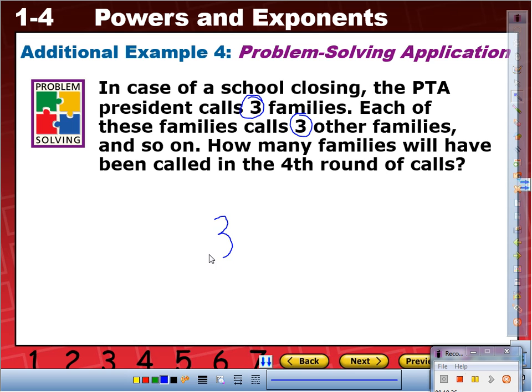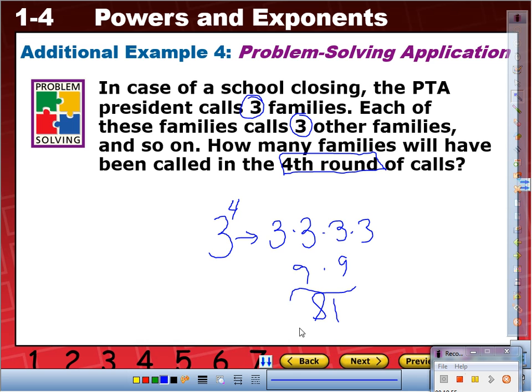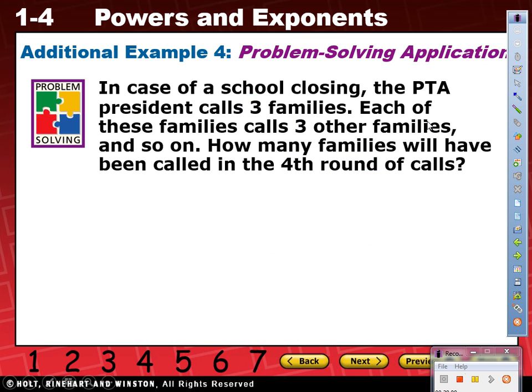So therefore that would be our base. So therefore they're saying after the 4th round, guess what? That would be our exponent. So let's see how many families got called. 3 times 3 times 3 times 3. This is 9 times 9, which is 81.